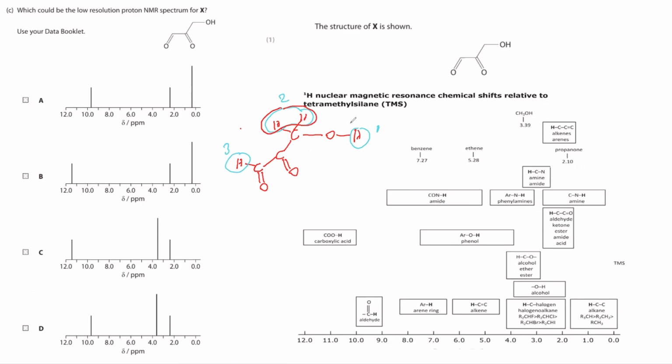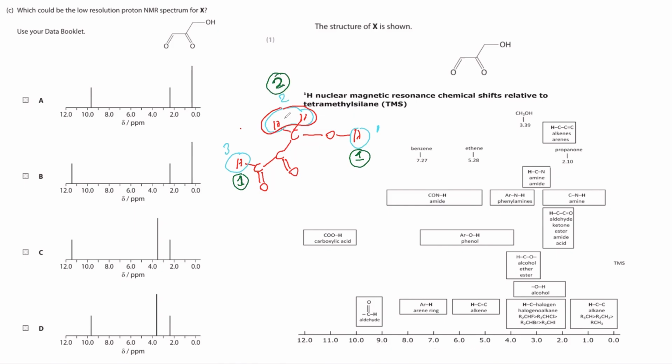That's the tallest one. Because the number of hydrogen atoms in the given environment tells me the height of the peak. For example, this one has only 1 hydrogen. That's why the peak should be relative to 1. And this hydrogen also, there is 1 hydrogen. So therefore I should have 2 peaks with the same height. But this one has 2 hydrogens. So it should be twice taller than our other 2 peaks.